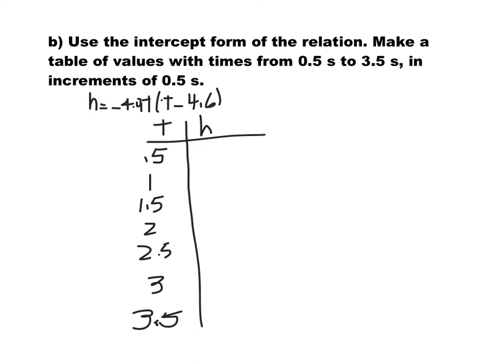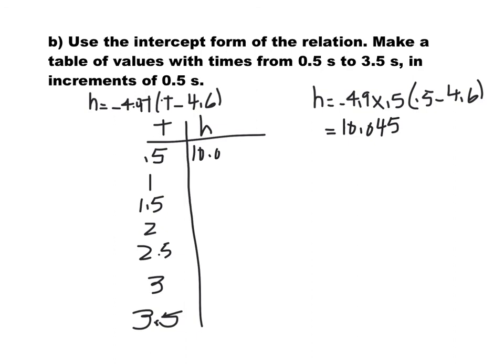So for t equal to 0.5, I find h is negative 4.9 times 0.5, open bracket, t is 0.5, minus 4.6, which is equal to 10.045. So this gives us 10.045.